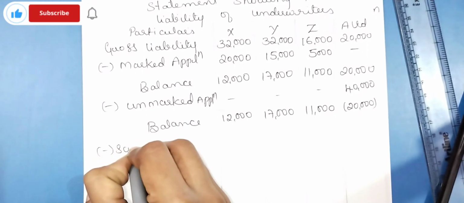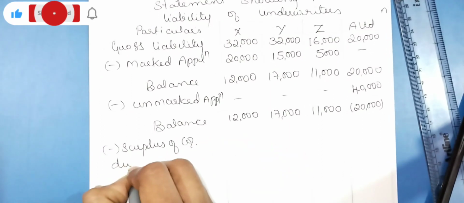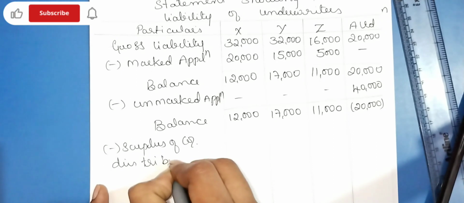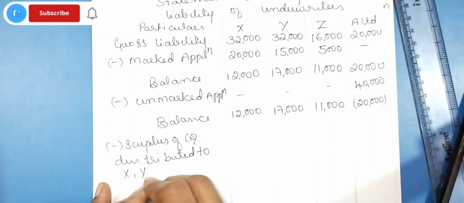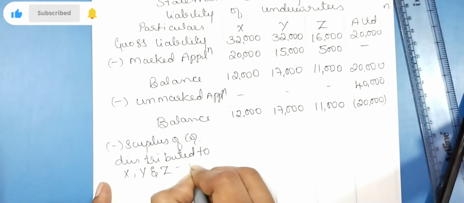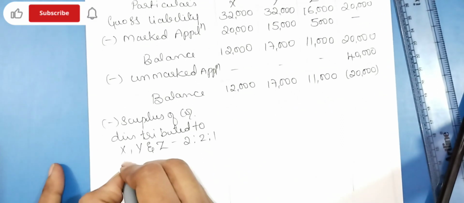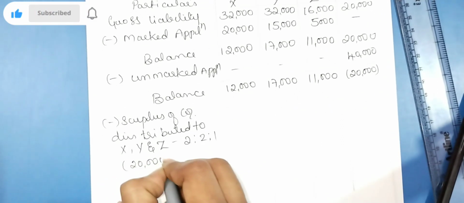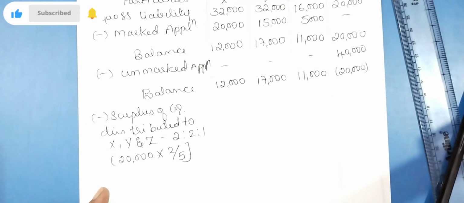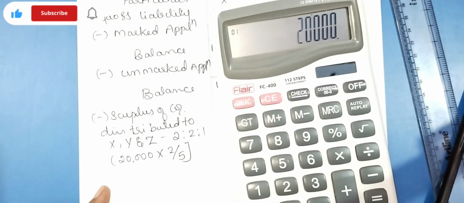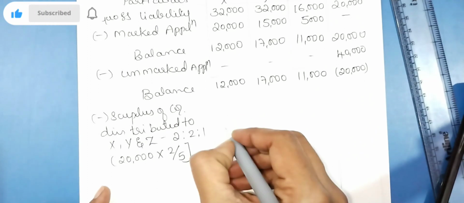Thus the surplus of the company is distributed to X, Y and Z. The ratio is given, that is 2:2:1, right? Now 20,000 into 2 by 5, that is 8,000.